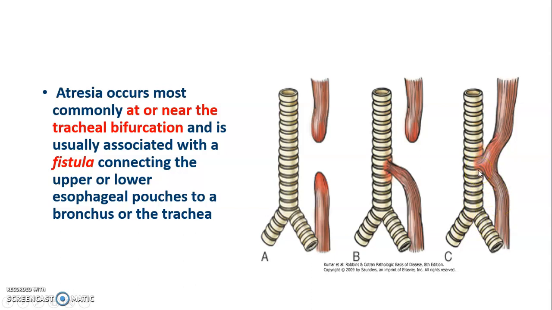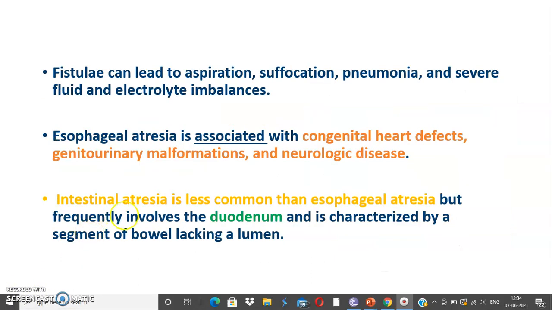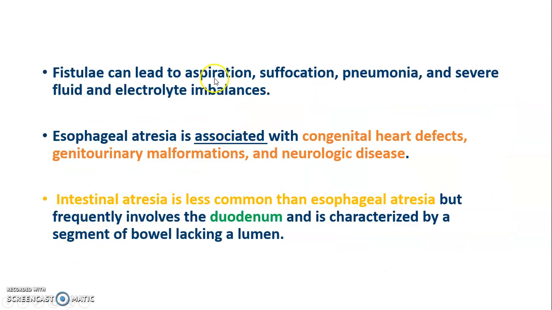So, atresia is usually associated with fistula. If fistula is present, then it can lead to aspiration, suffocation, pneumonia, and severe fluid and electrolyte imbalance. Esophageal atresia is associated with other congenital abnormalities like congenital heart defects, genitourinary malformations, and neurologic diseases.